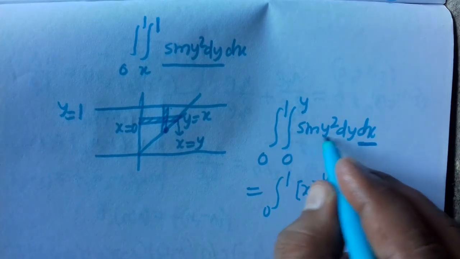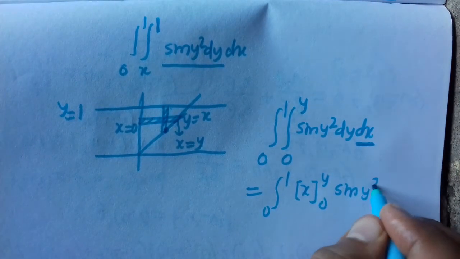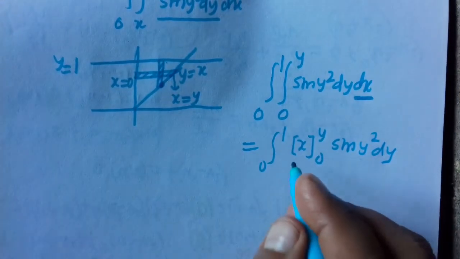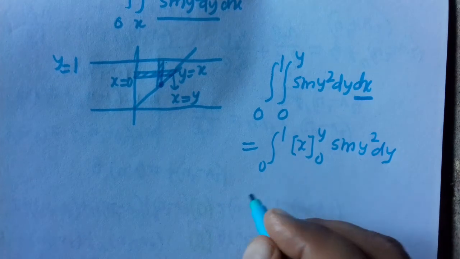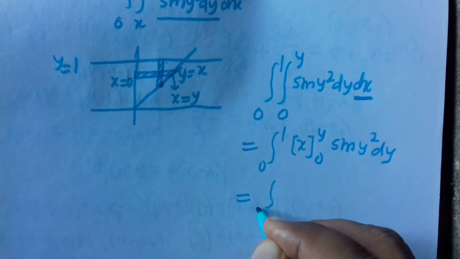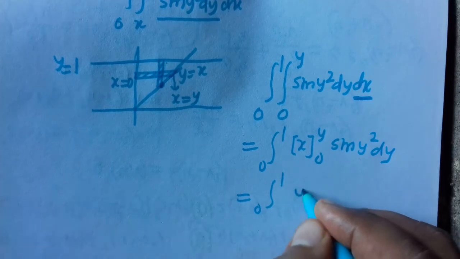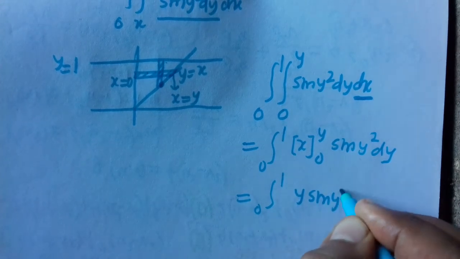Now the remaining thing is sin y square dy, so the integral becomes y sin y square dy.